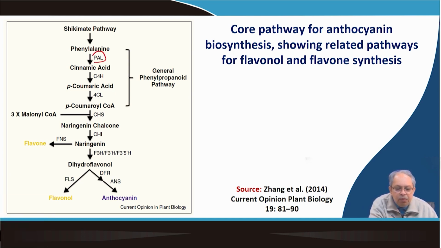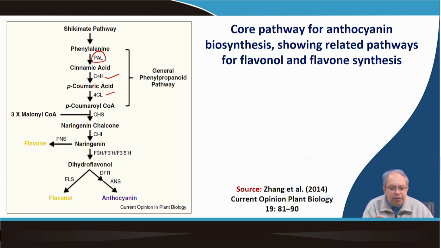As I mentioned just now, the phenylpropanoid pathway starts with phenylalanine converting into cinnamic acid, then cinnamate 4 hydroxylase, then 4CL, which makes the activated hydroxycinnamate, which is paracomadoyl CoA, because the CoA molecule is joined there.